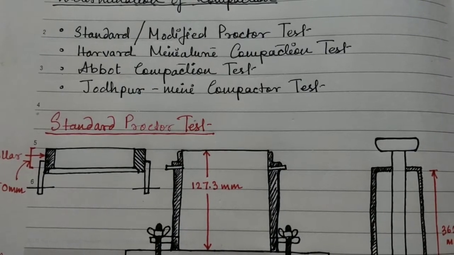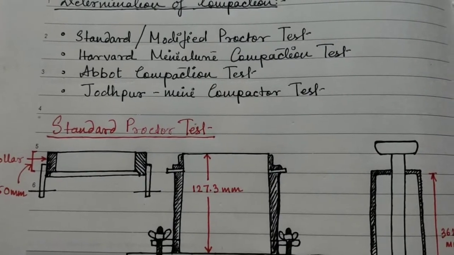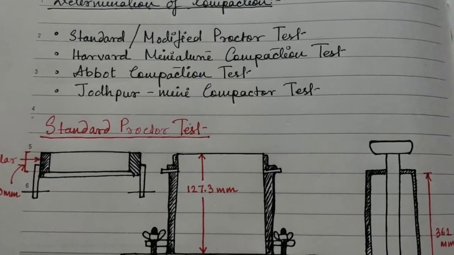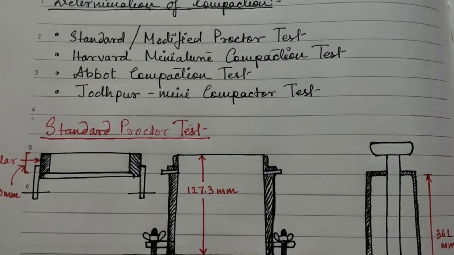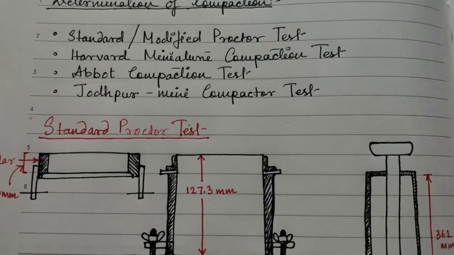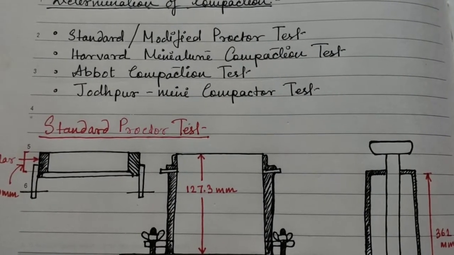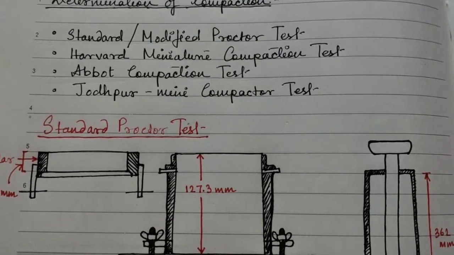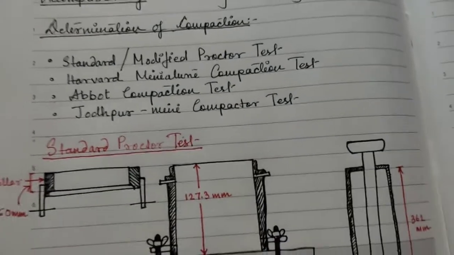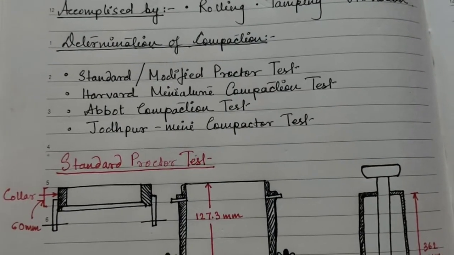The main purpose of compaction is to release all the air present in the voids so that the soil particles can come into closer contact and in this way increase the density, or they can be compacted together so as to take more load. So water mainly acts as an agent or a lubricant and helps the soil particles to rearrange amongst themselves. So when we study the experimental part, water is an important factor in this test.